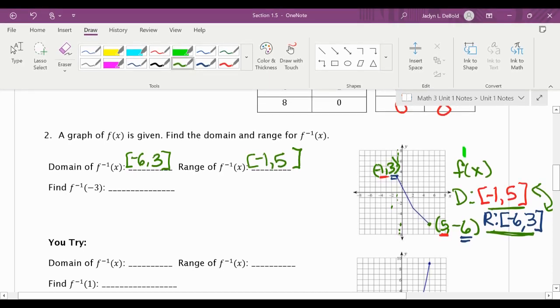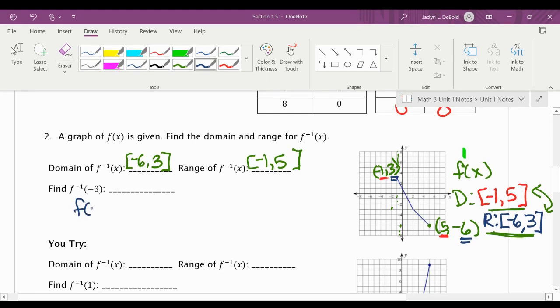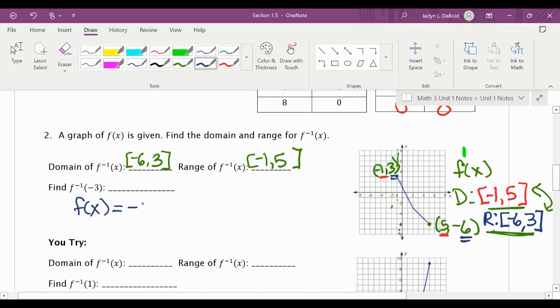And so when the question asks to evaluate the inverse of f at -3, all we're basically doing is saying when does f of x equal -3, right? So it's like we're just flipping it around. This is essentially like our y value. So when does y equal -3?